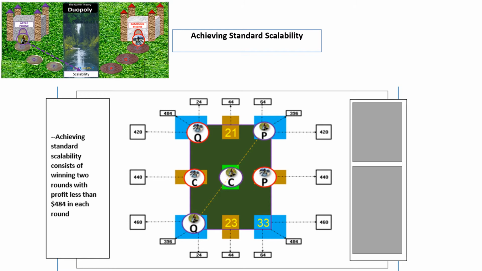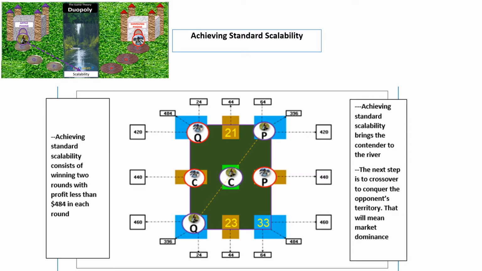The numbers are in the thousands. Achieving standard scalability brings the contender to the river. The next step is to cross over to conquer the opponent's territory. That will mean market dominance.